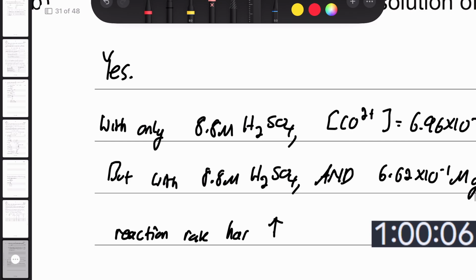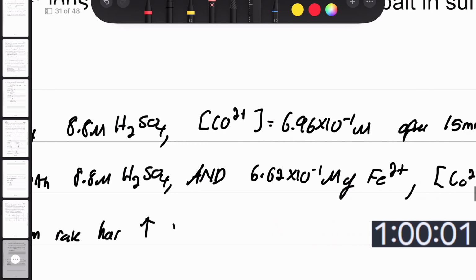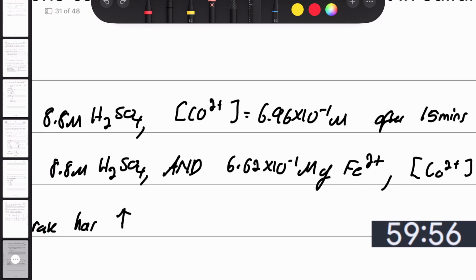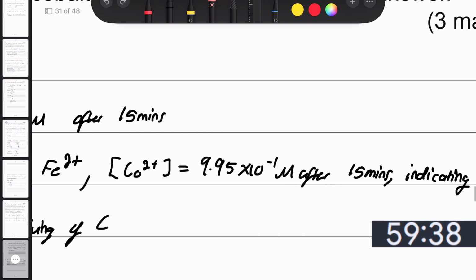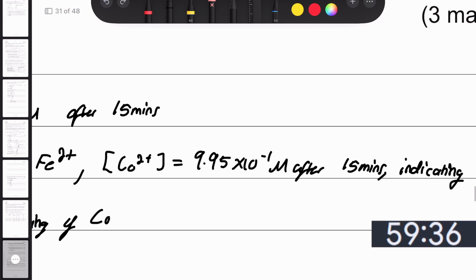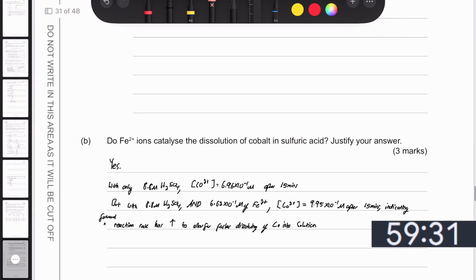Reaction rate has increased to allow for faster dissolving of Co in the solution. But I also need to talk about how it's not consumed.